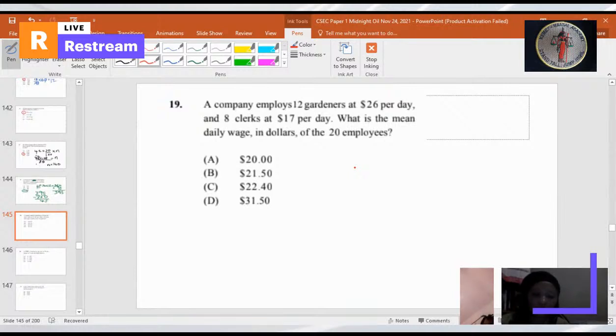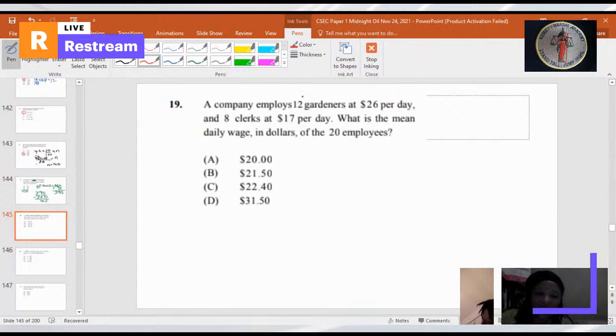Give me the daily wage of the 20 employees. Because it's two different sets of workers at different rates, we're going to have to expand each set first.